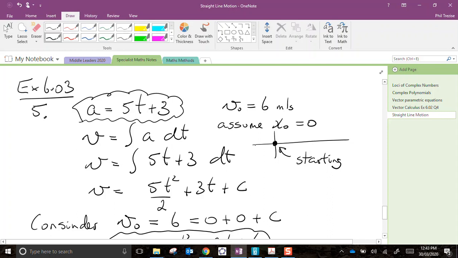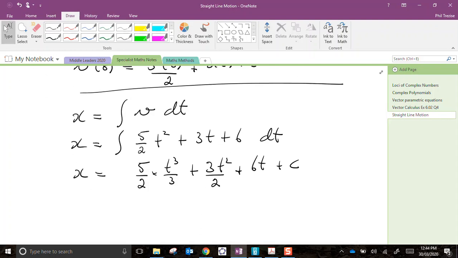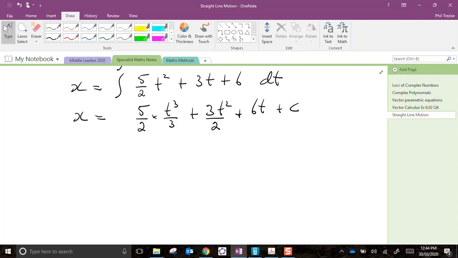If we did assume that x naught didn't equal 0, that's just going to overcomplicate things. It could be done, but why make it hard for ourselves? Unless otherwise stated, it is perfectly reasonable to assume that the measuring point starts from where the object starts. It's not only reasonable, it's quite logical to do so.